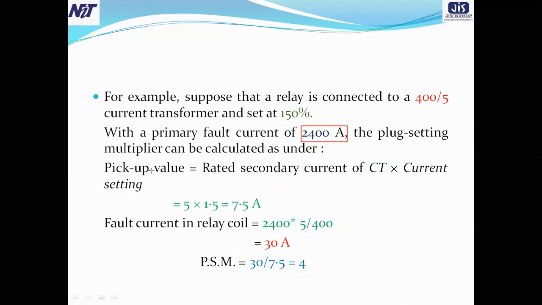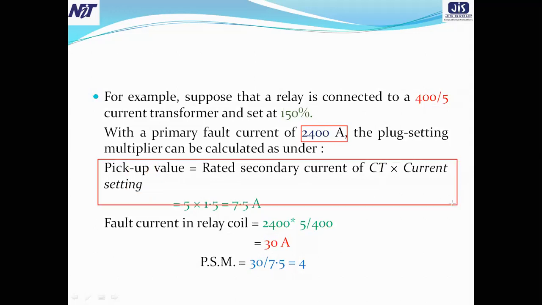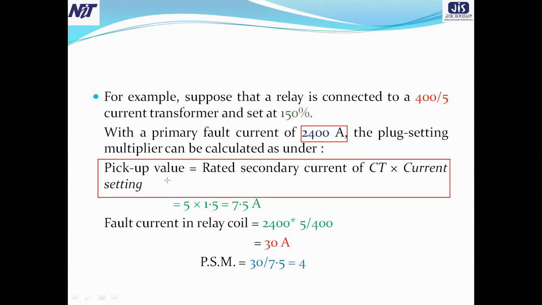The plug setting multiplier can be calculated as under. So pickup value equals the rated secondary current of the CT into the current setting. We already proved this in the previous slide.